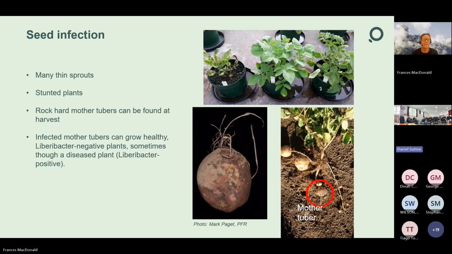And that happens in the field as well, and they can eventually get overgrown by the healthy plants. Once you start digging up potatoes halfway through or at the end of the season, and you can still find the mother tuber and it's rock hard, then you're pretty sure that was a positive mother tuber. And like we showed before in one of the slides, those infected mother tubers can actually grow healthy plants. Next one, please.